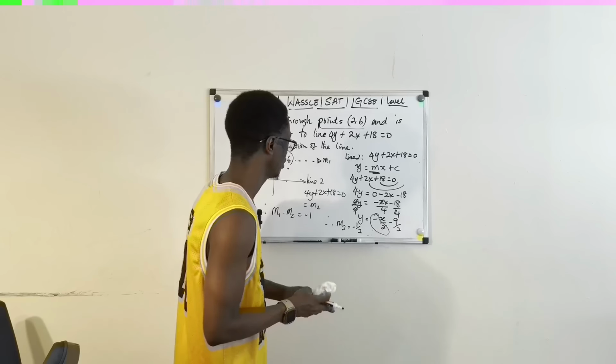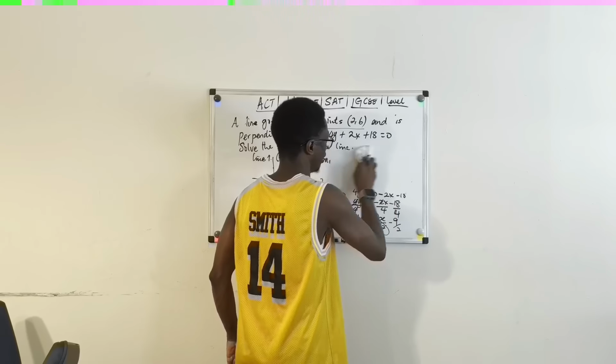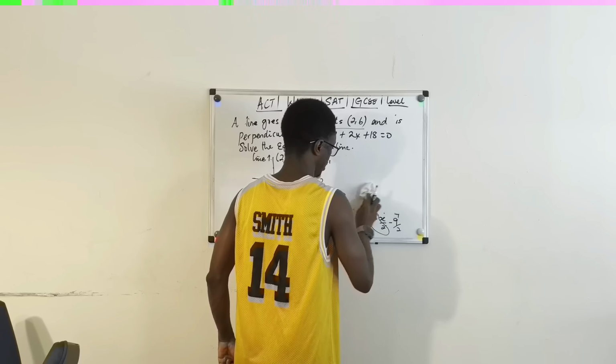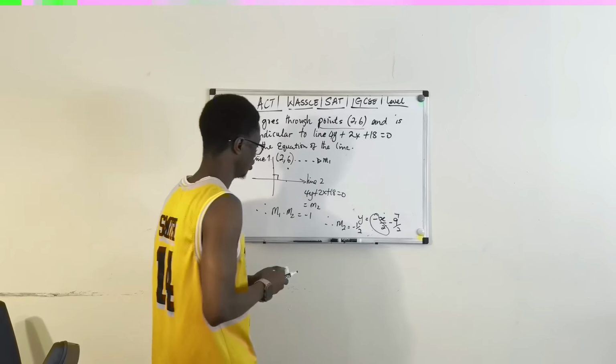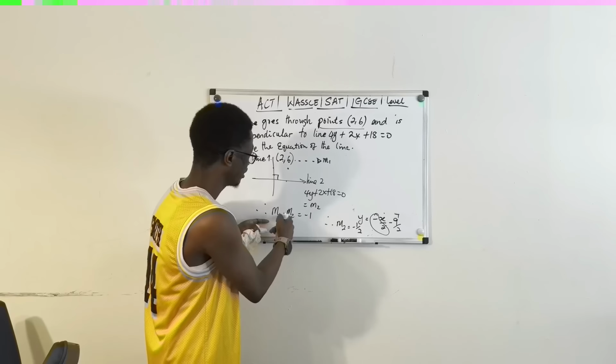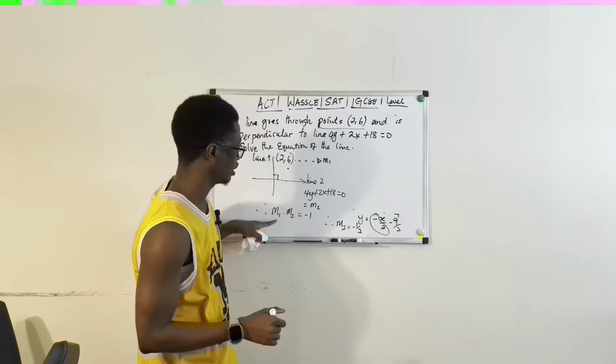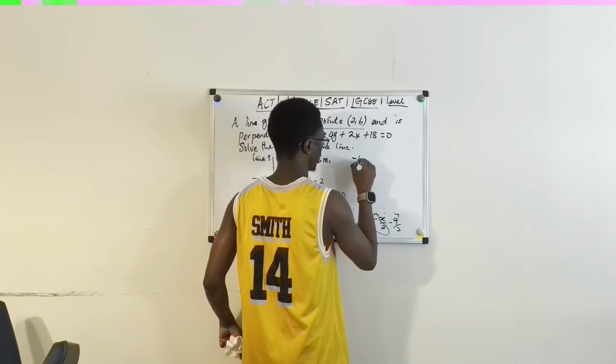Okay, easy. So I'm just taking this one off. Remember, I told you for two lines to be perpendicular, the product of their gradients must equal minus 1. We've gotten the gradient of this, which is minus half.